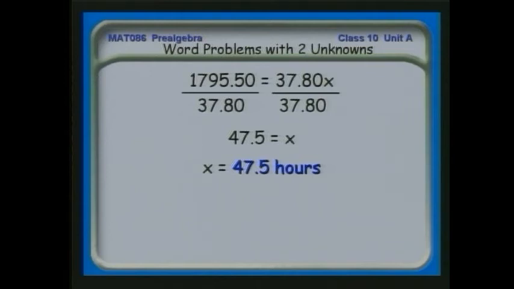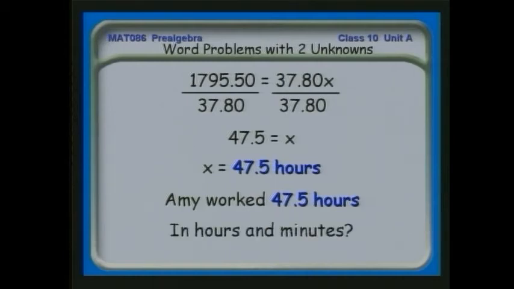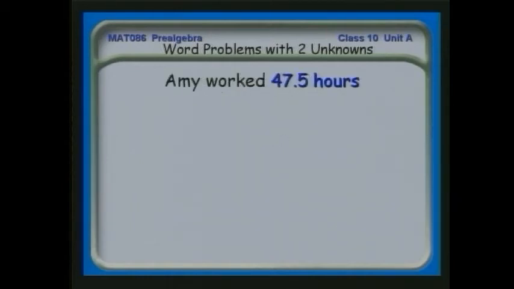Remember what I said though, how did they want this answer? They wanted the answer not only in tenths of hours, they want it in hours and minutes. So we need to look at that 0.5 hours and change that to minutes. Fortunately for us, 0.5 hours is relatively easy to calculate.